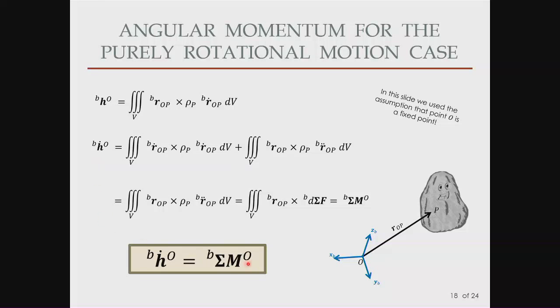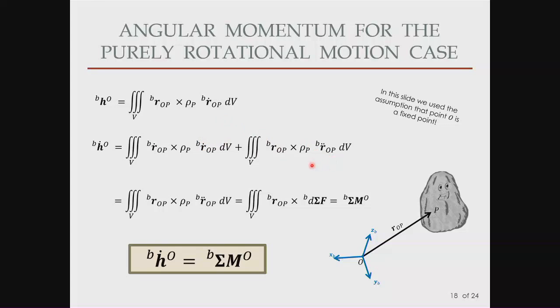This is just to prove why this is true. So in order to take the time derivative, I'm treating this as a product, so it's a derivative of a product. This becomes r dot in here and unchanged here, and this becomes unchanged here, and here it becomes r double dot.